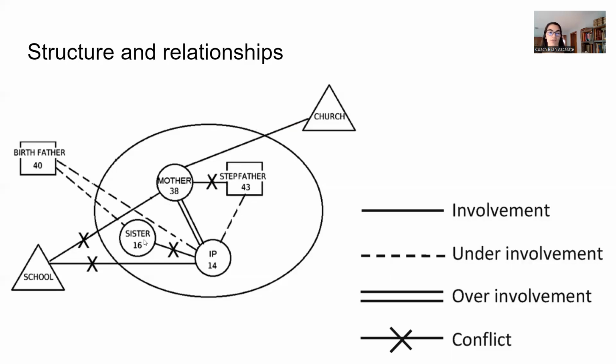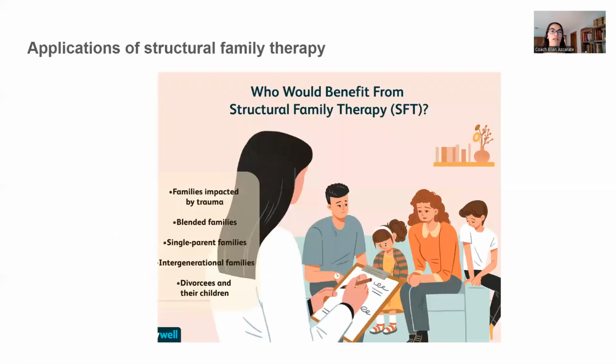There's another conflict between the sister and the patient, and also between the patient and the school and the mother. So there are a lot of interesting things that this diagram tells us, and we use them to first picture what is happening in the family, and then to tell them ideas for how to change this structure.